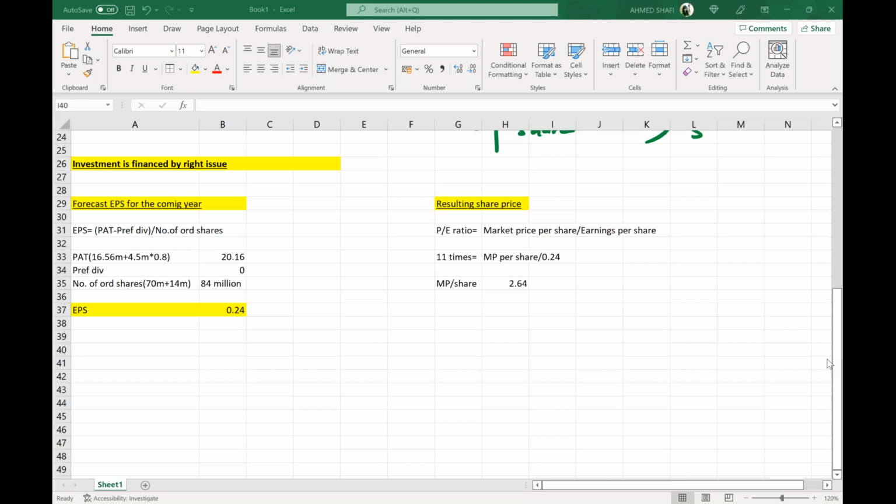Then you need to take tax working separately and then get PAT. I think you should save time. Shahab, even for the previous part, there was no 5 or 6. It was 70 million current shares, and the company was issuing 14 million shares.